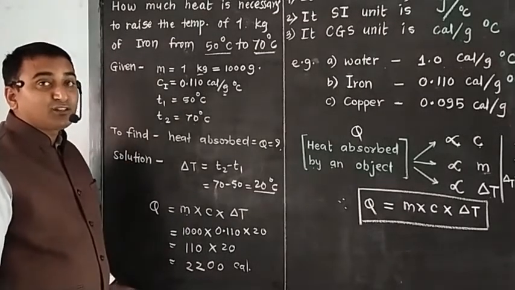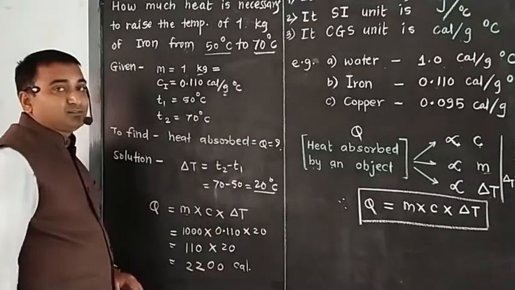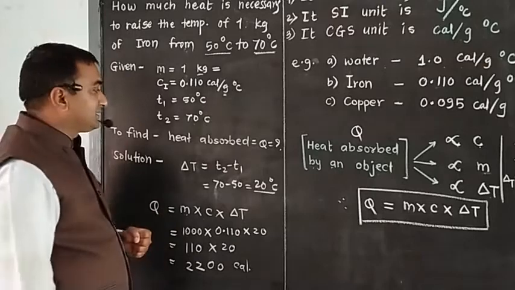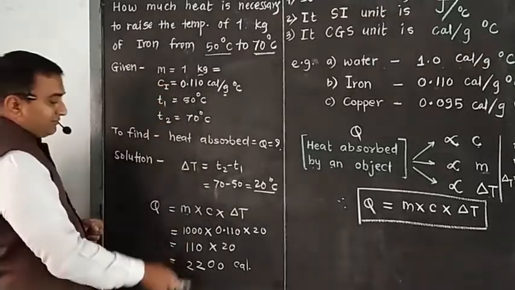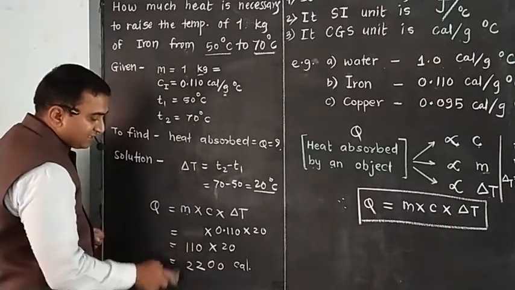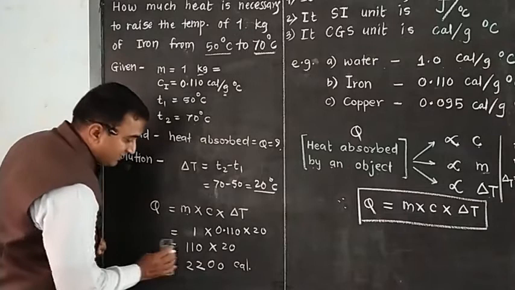If you want to solve this example as it is, with only 1 kg, there is nothing to bother about or hesitate over. See here, what to do? We should consider the mass as 1 kg, and here also we should consider 1 kg. But see what the answer will be.